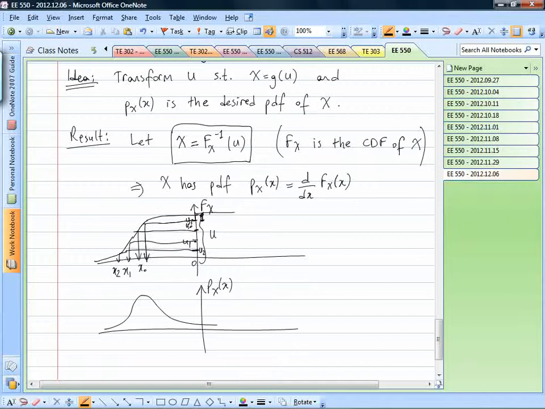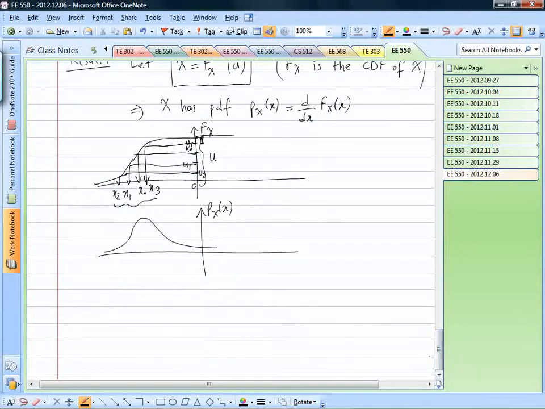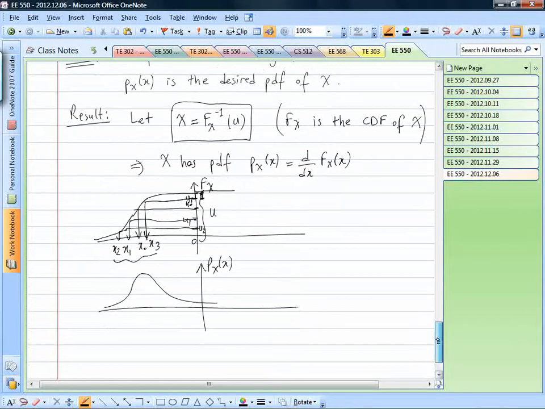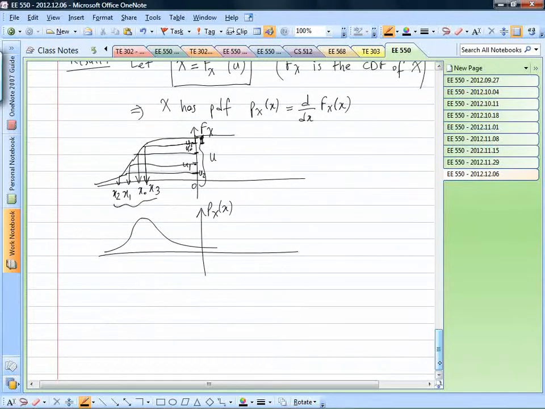So as you can see, intuitively, these points are concentrated more where the PDF is high. This is exactly what you want: you want to generate more points where the PDF is high. So when you perform f sub x inverse of u, that's exactly what you are doing. So you can intuitively see that this works.